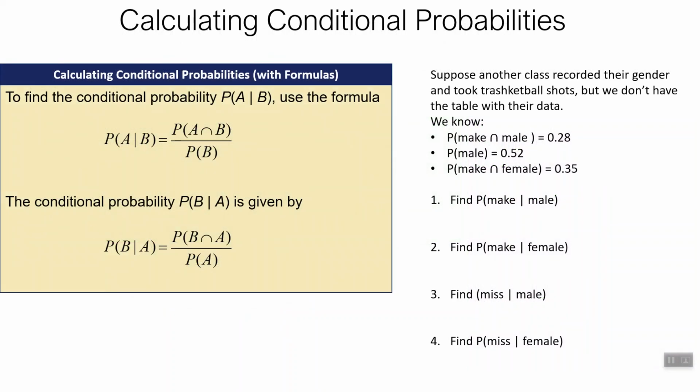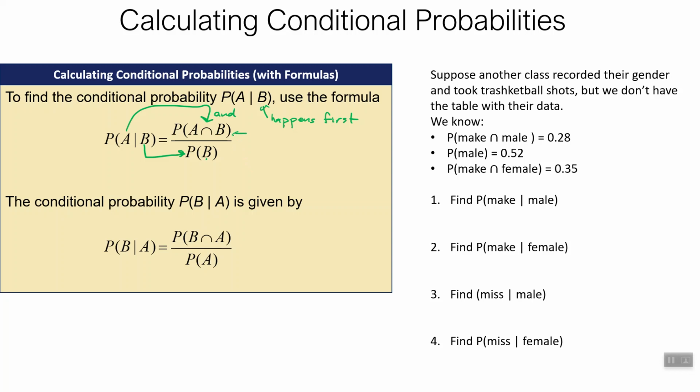There is some other trickier, more complicated notation that we could use for conditional probability. Remember, probability of A given B means that B happens first. On the bottom is what it's out of. On the top is and: probability of A and B, given that B has already happened.